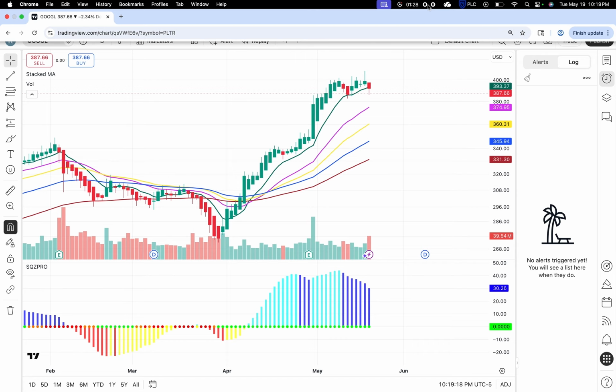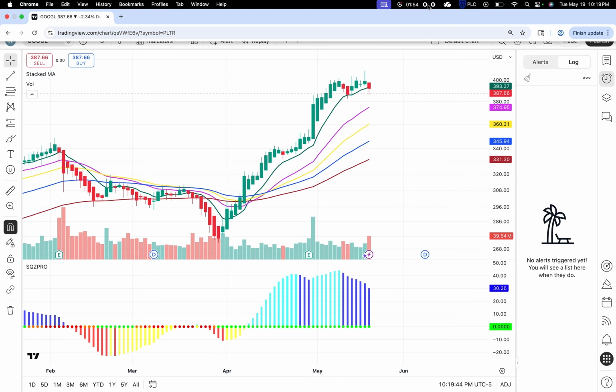The theory behind it is, if you see that a stock, for example, is currently in a phase where it's building up energy, you'll see it reflected on the Squeeze Pro. I'm looking at the version on TradingView, which is a free version.